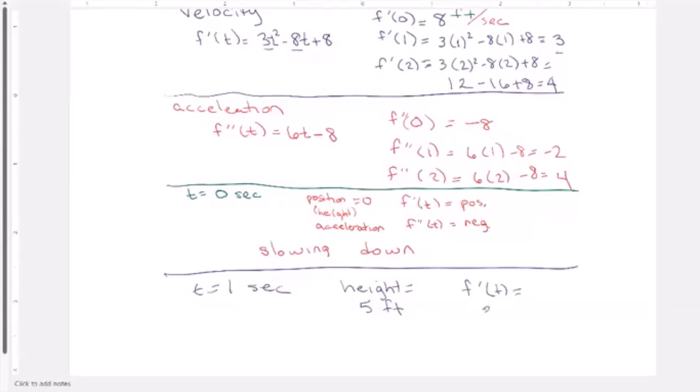Okay, going forward, my acceleration, f double prime of t, is still negative, it's slowing down, minus 2 feet per second squared. So even at 1 second, I'm slowing down.